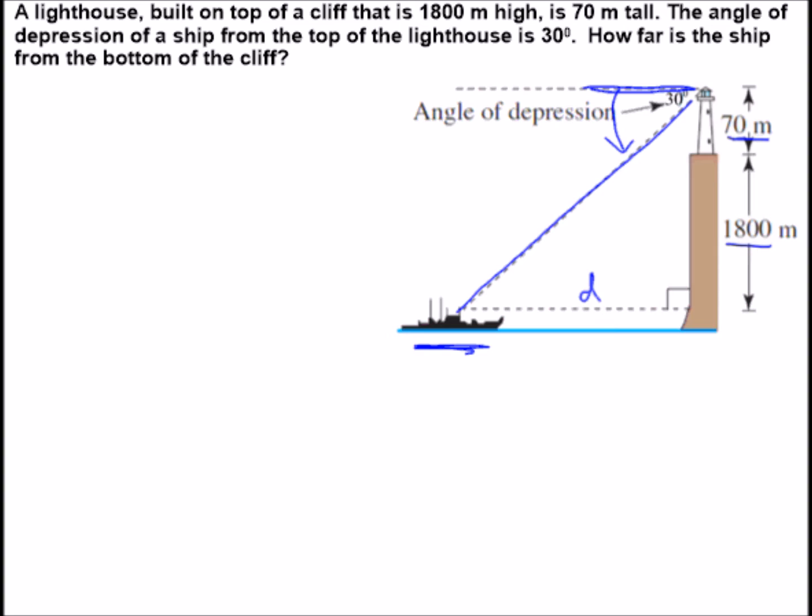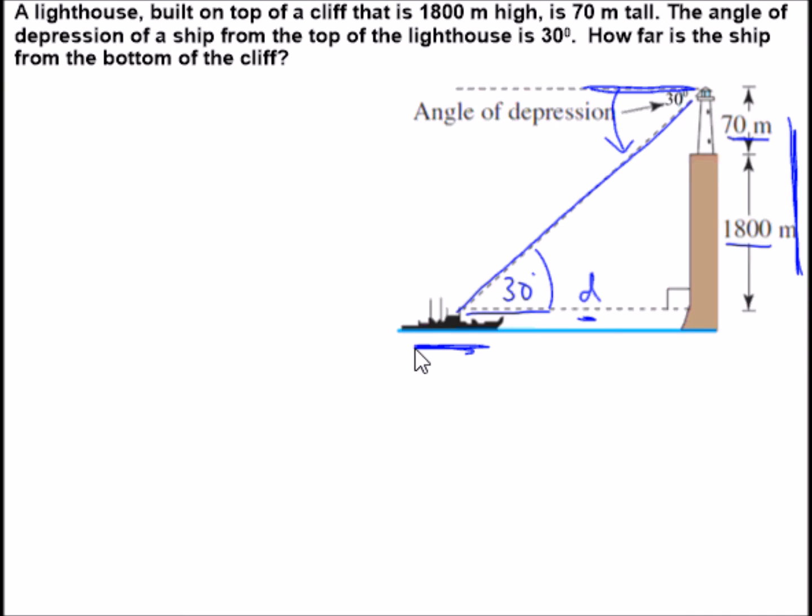We have 30 degrees. Now, in order to work out d, I need to have an angle in this triangle. So this angle here is in fact the same as the angle of depression. So the elevation once again is the same as depression. So now I've got my angle of 30. This length is adjacent. This combined length here is opposite.